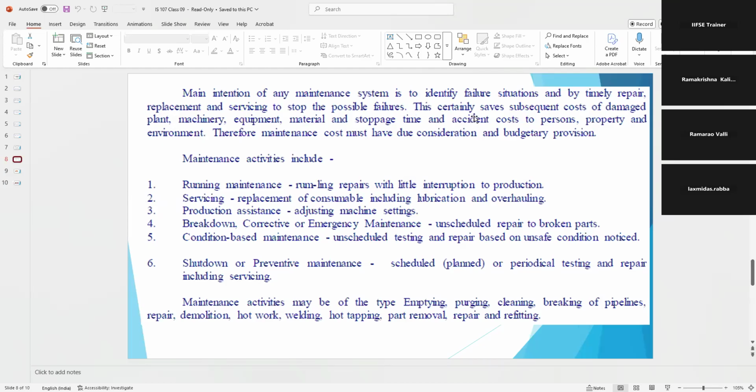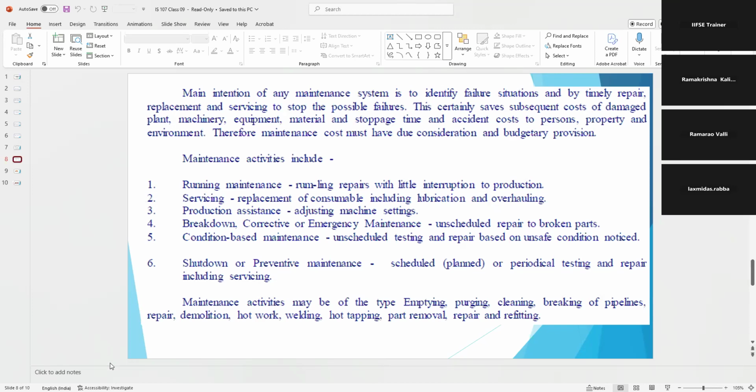And this certainly saves subsequent cost of damaged plant, machinery, equipment, material, and stoppage time, and accident cost to persons, property, and environment. Therefore, maintenance cost must be given due consideration, along with budgetary provisions. So with proper maintenance and planning, what will happen?